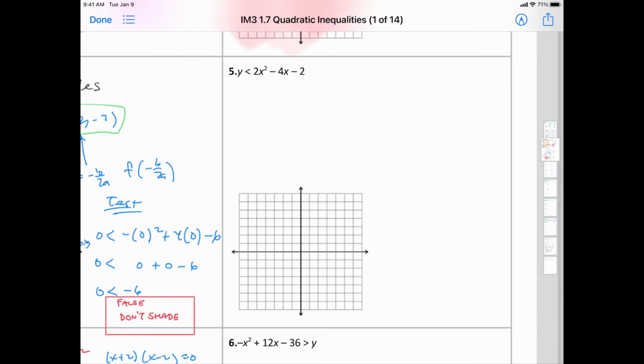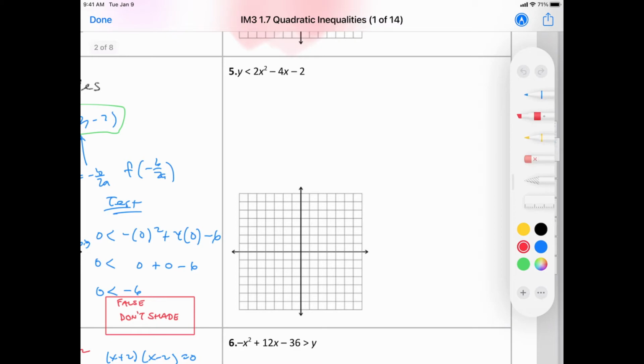All right, let's go over question number 5. y is less than 2x squared minus 4x minus 2. Let's get some characteristics that we can tell from here. Here is my c value, so this is my y-intercept, negative 2. My a value is positive, so it's going to smile, it's going to open up. And you can try to quickly factor this to see what happens.